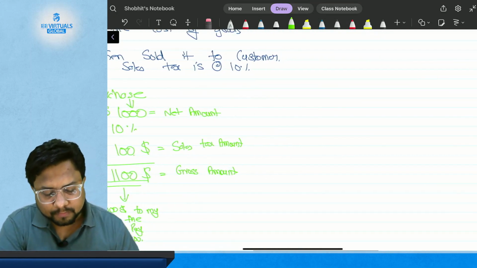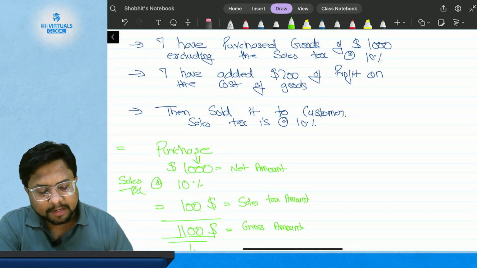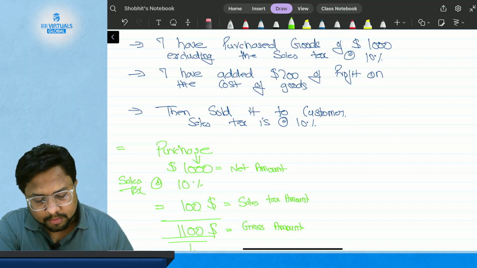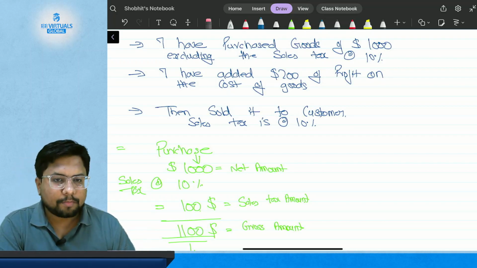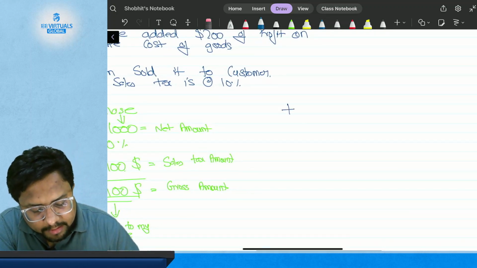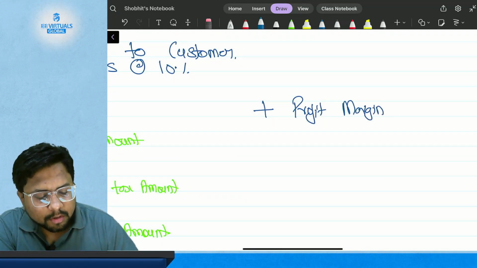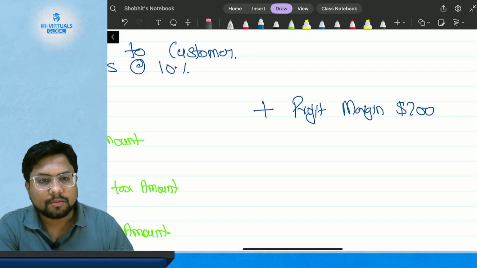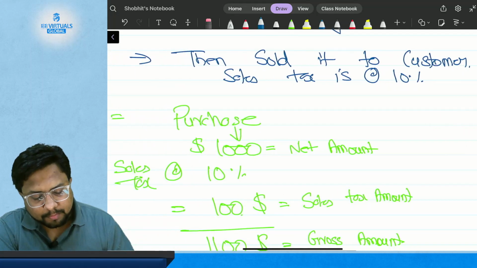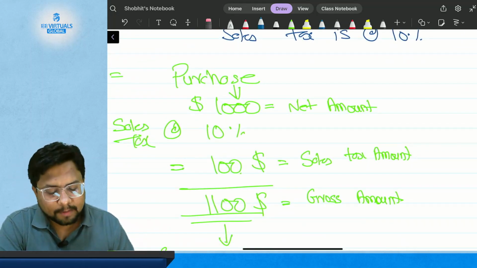Okay, now coming to this example, this is the second part. Now you have purchased goods of value $1,000, then you have added a profit margin of $200. Okay, so what is the amount now?